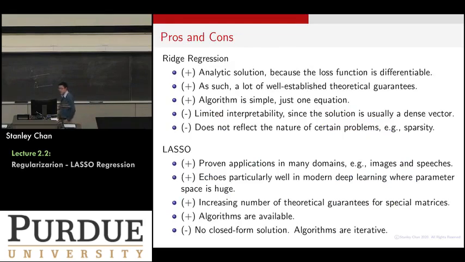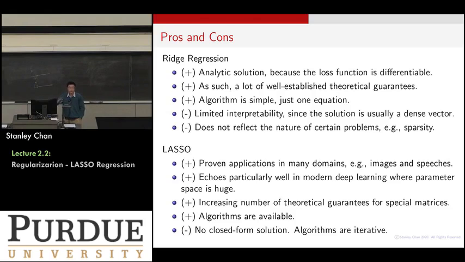The last slide is just to comment on the positives and the negatives of the ridge regression and LASSO regression. Okay? So there are different benefits of the ridge, especially that you have a lot more analytic tools to analyze the performance. The LASSO one, however, nowadays is no longer a problem given the availability of all these convex optimization algorithms.